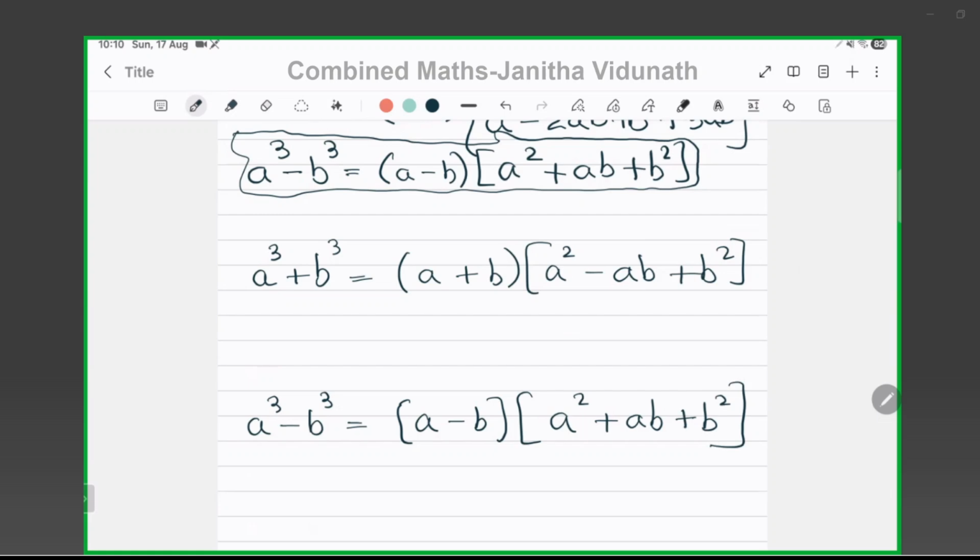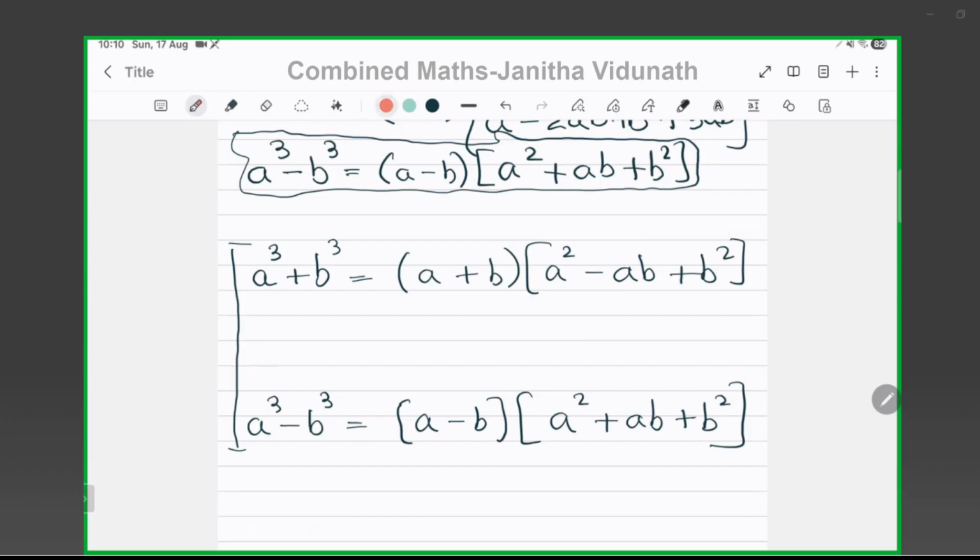For our A levels, we need to memorize this factorization. And here is a shortcut trick to memorize these two expressions at once.